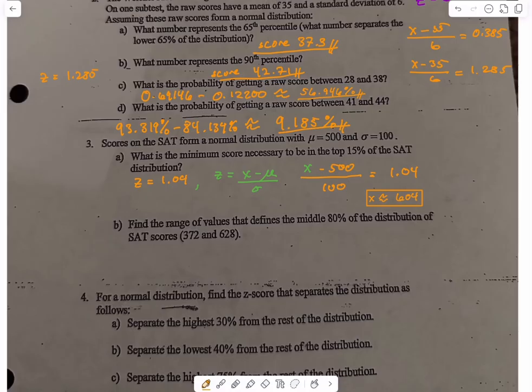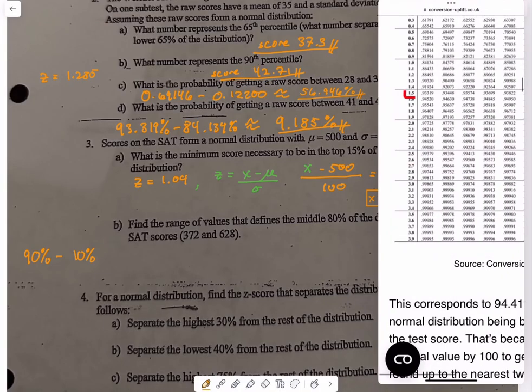So if we want the middle 80, between 10% and 90%. So we want to find the scores associated with that, between 10% and 90%. That leaves 10% on either side for the 80.